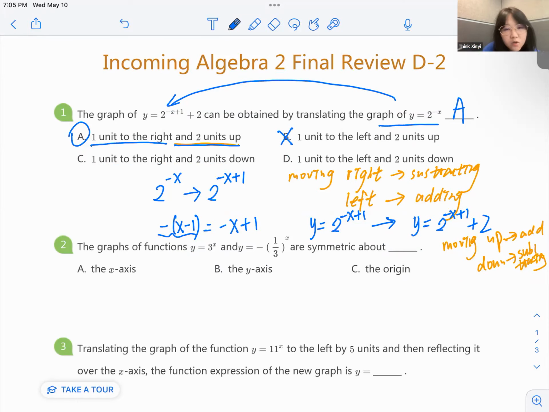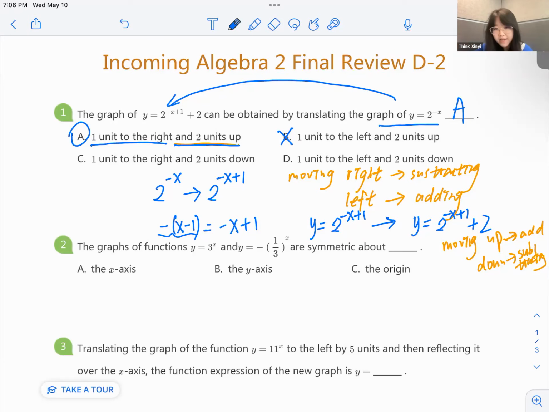And Nicole asked why it is to the right when you are adding 1? So, okay, this is the question about the transformation of the exponential function. So for this kind of translation, if you move right or left, you change the x value within the function.